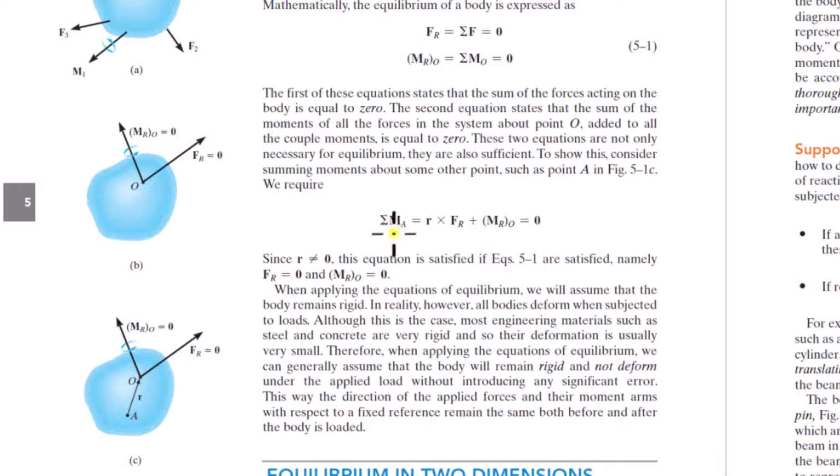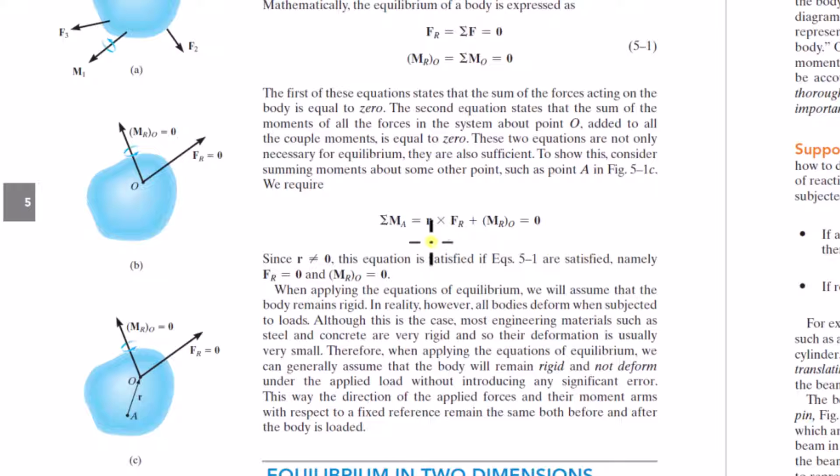The sum of the moments about point A is R cross FR plus MR0, and this needs to be equal to 0. And since R is definitely not 0, we're definitely moving off the first point, this equation is satisfied only if these equations are satisfied, right?